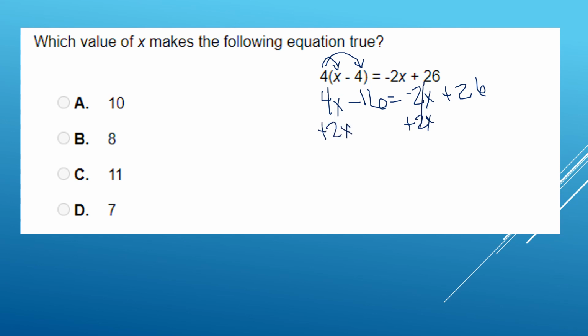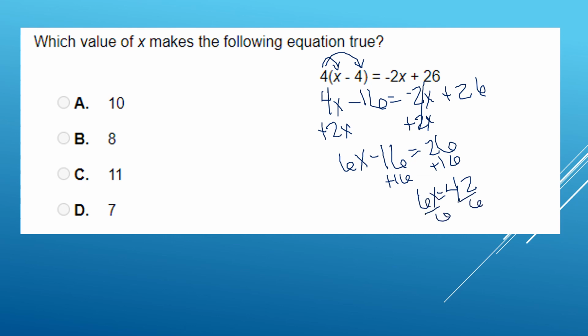So here it forms that 0 pair, and you're just left with 26. 4x plus 2x is 6x. Then I've got minus 16 I need to get rid of, so I'm going to add 16. And I do get 42. And then divide both sides by 6. And I do get 7. So D is your answer.